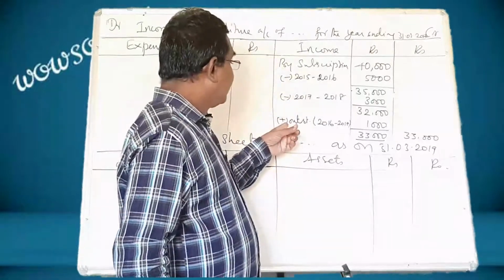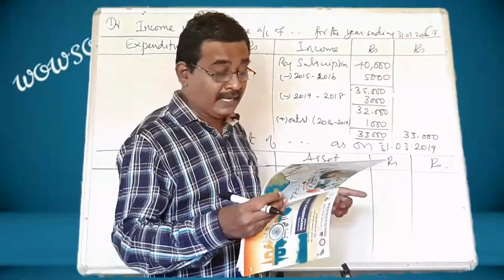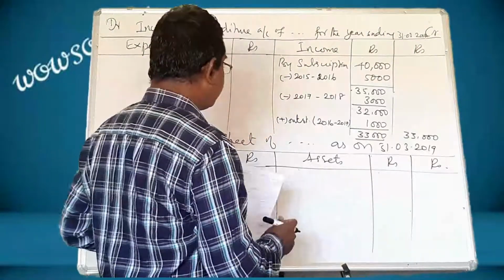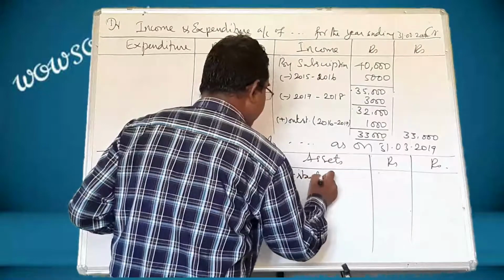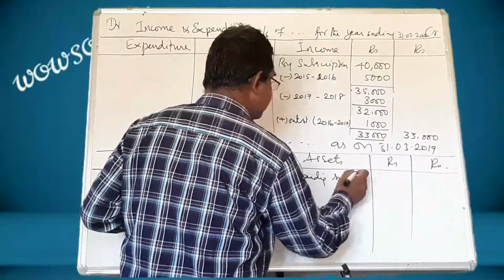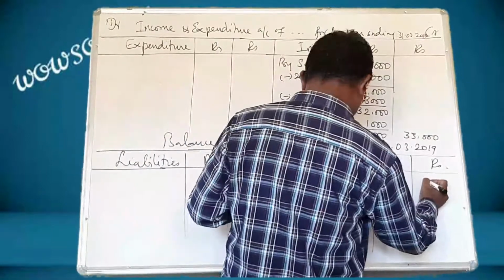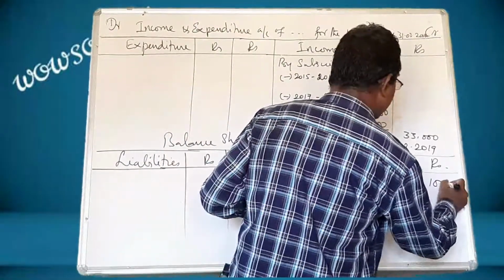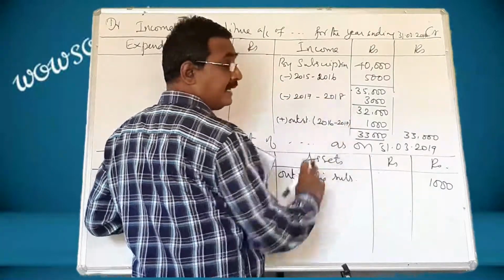Now, this outstanding is an asset that should be shown in the assets side. How? Outstanding subscription. How much is it? 1,000. Here they have collected for 2017-18 3,000.